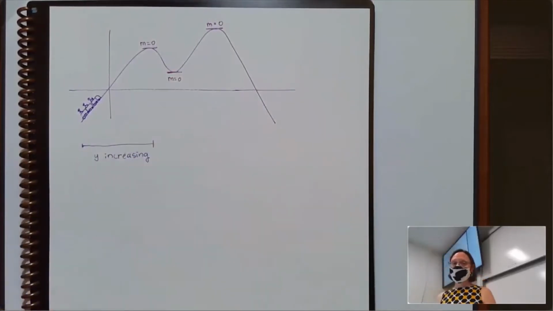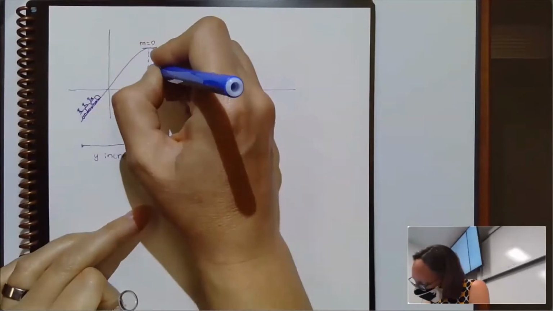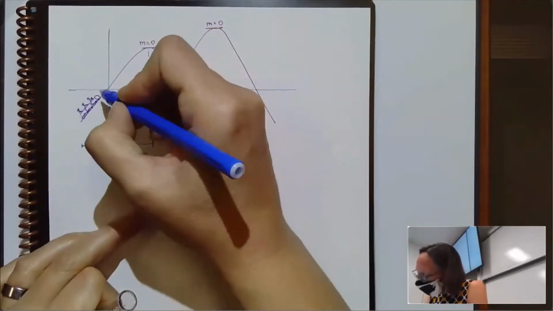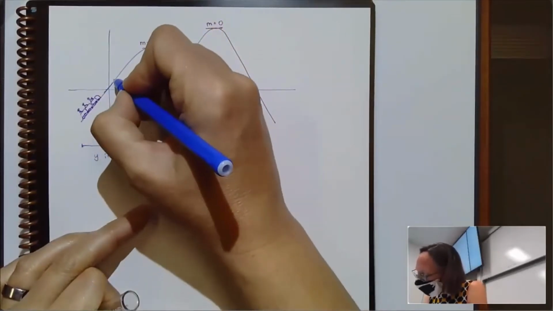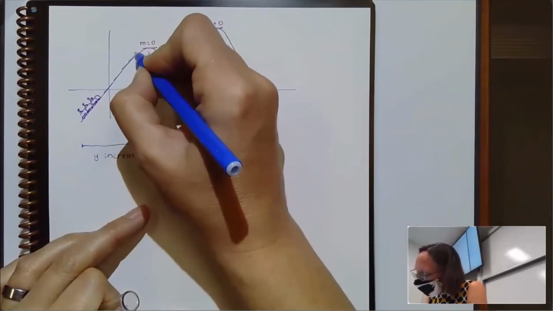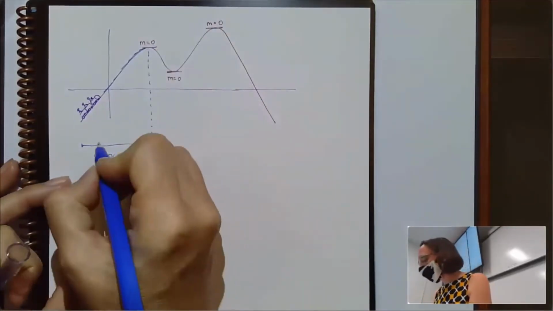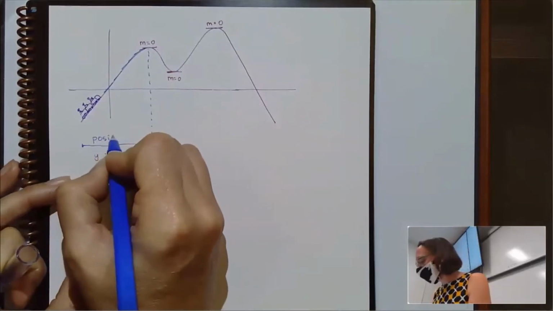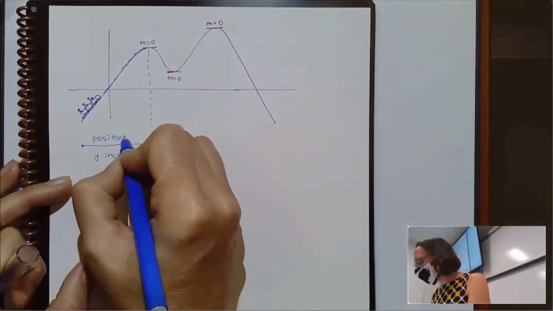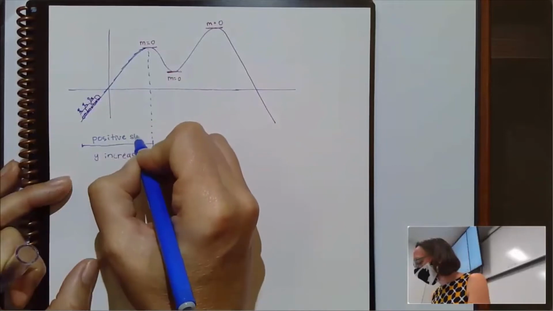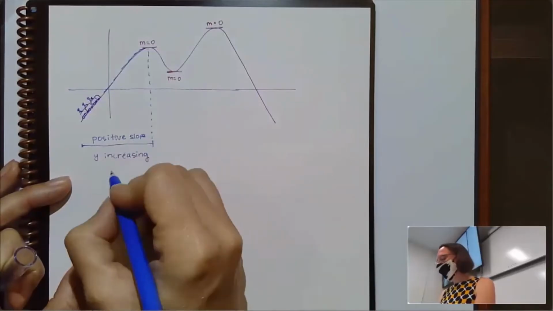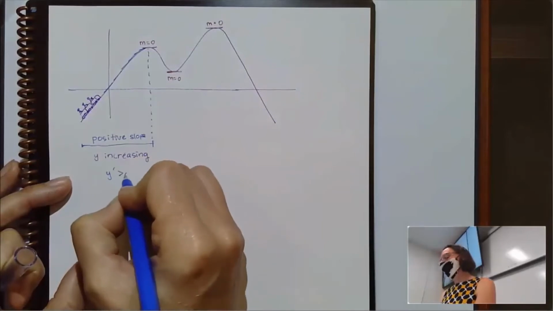By the way, in that chunk where y is increasing, if I think about what the slopes of these tangent lines are, they're all what kind of values? Which means that everywhere in here, my y prime would be greater than 0.